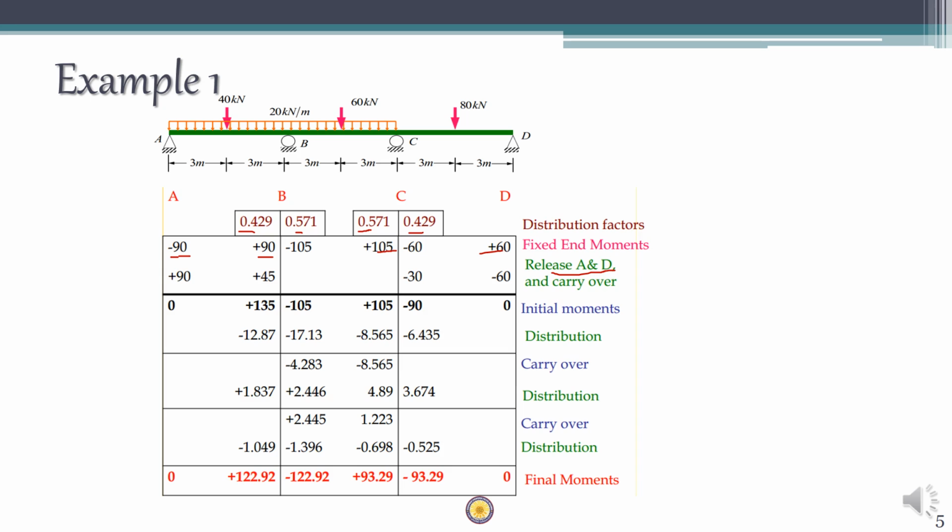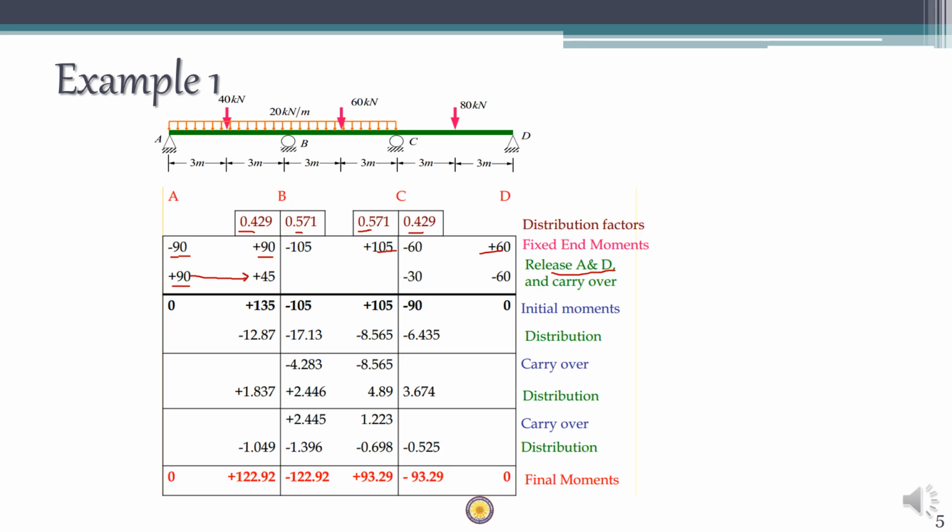So minus 90 is there, you apply plus 90, and the far end is a fixed end, so half of this 90 will be carried over to the far end, which means plus 45 at the far end.